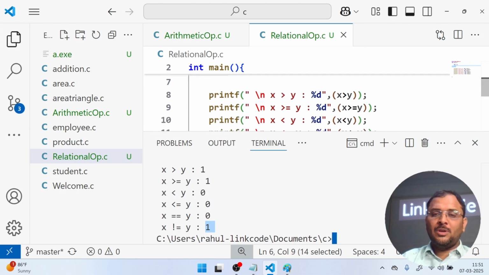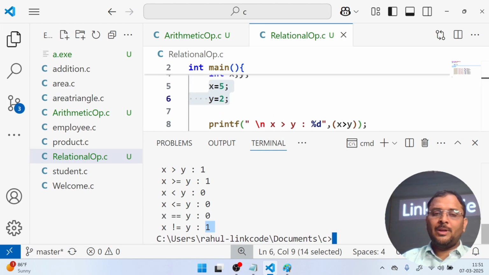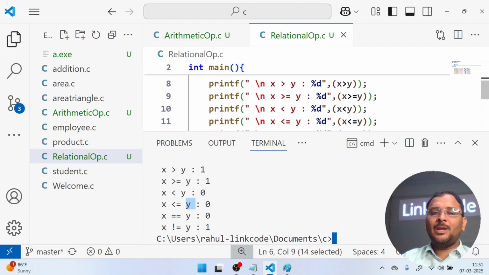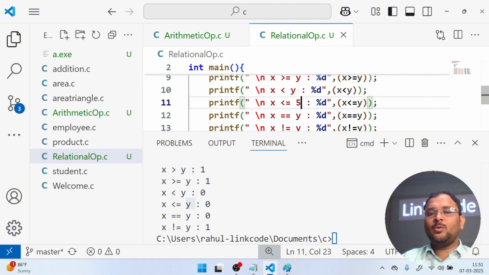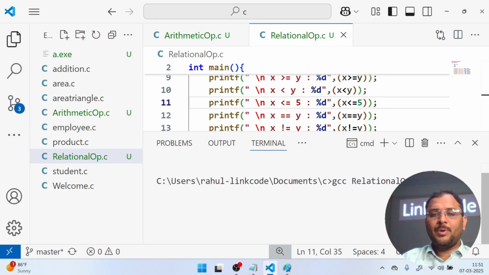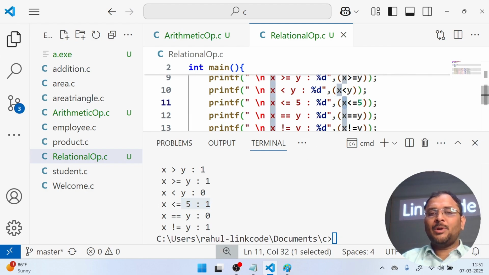Suppose I consider the value of x is 5 and the value of y is 2. In this scenario, I'll consider x is less than or equal to 5. So we'll check this answer now. Fourth one, remember this. Compile your code and check your code. See, here is the 1 now, because x is not less than but it is equal to.